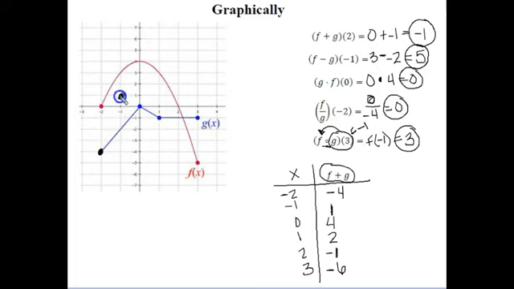Then (-1, 1), (0, 4), (1, 2), (2, -1), and then (3, -6), somewhere down there. We can connect our dots. So this black graph, we would say, is f plus g. If we take our red graph and add it to our blue graph, we get this overall black graph right there.